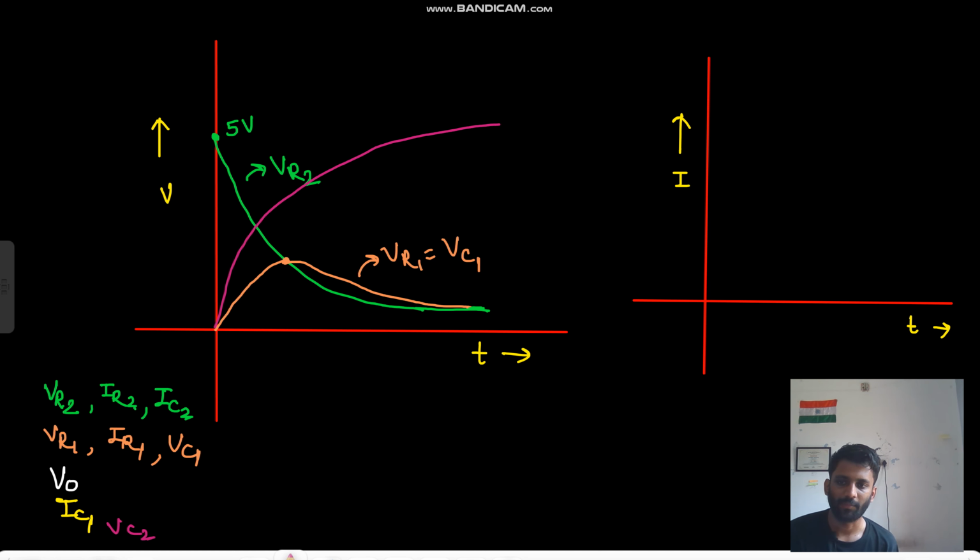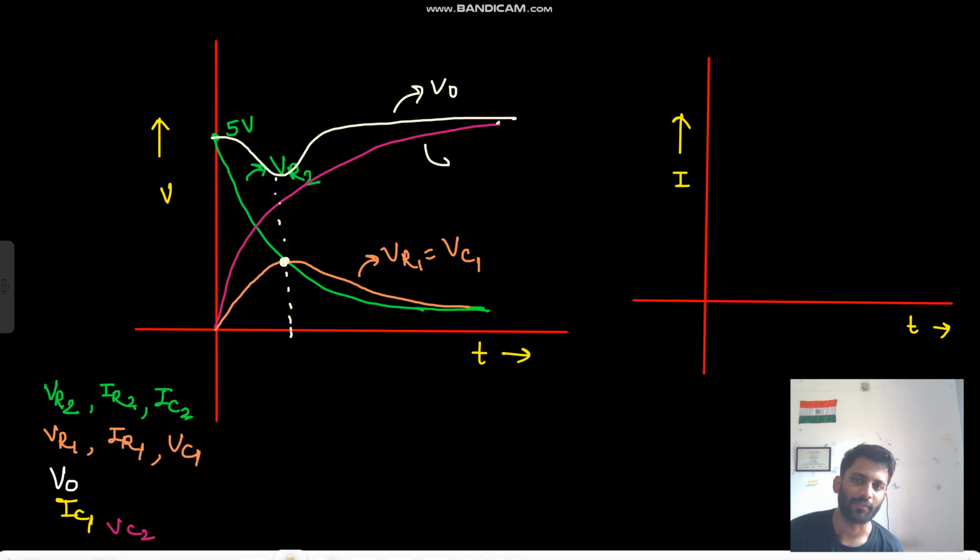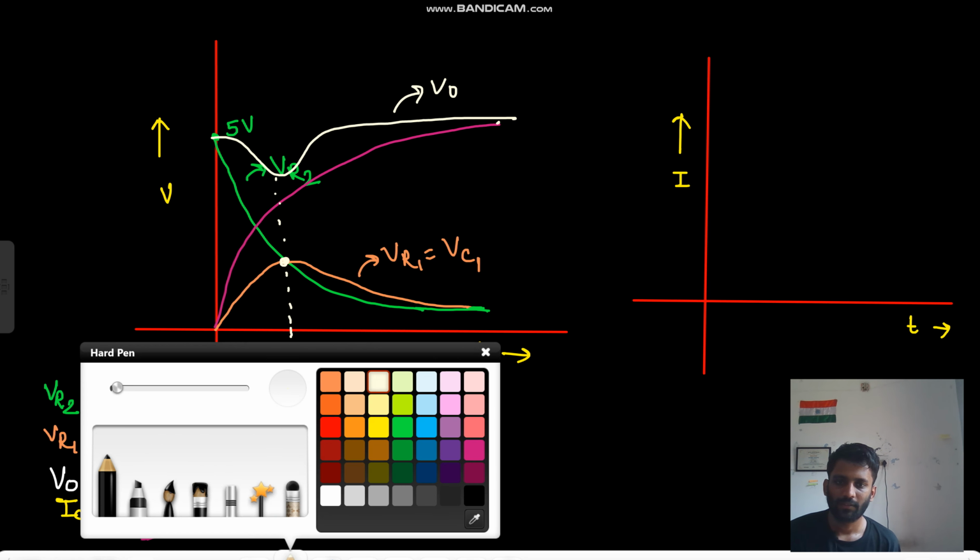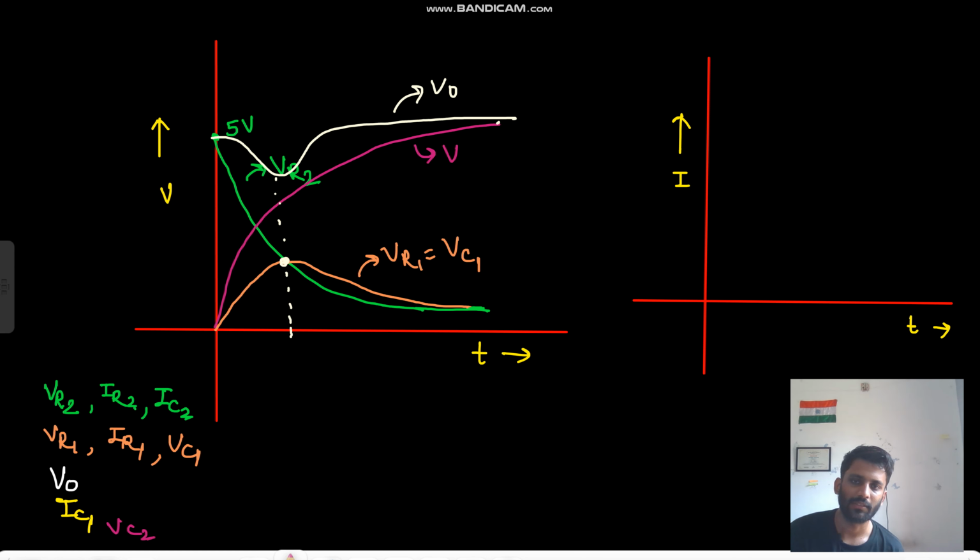And talking about finally V0: at this point we have the minimum point of V0, and then it always increases and goes to 5 volts. So this is the graph of V0 and this is the graph of VC2.